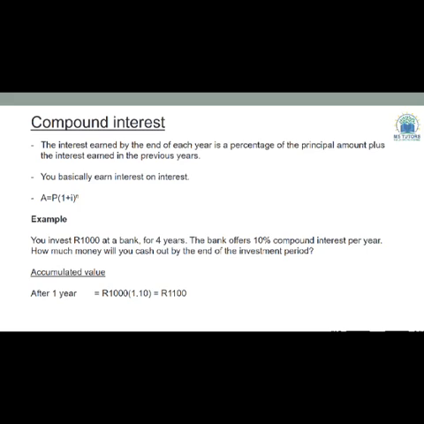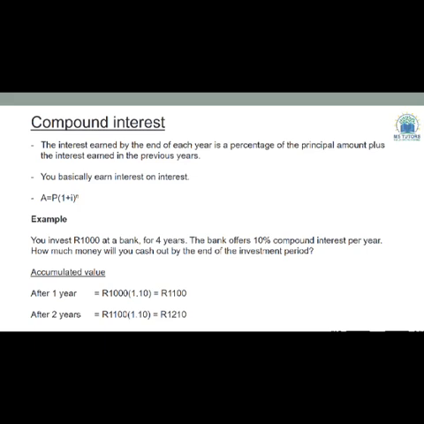So after the second year, the funds that are in your investment account will grow by another 10%. The 10% will now be applied to the principal amount plus the interest that you have earned in the first year. And when you combine those two values, you had 1,100 rands.